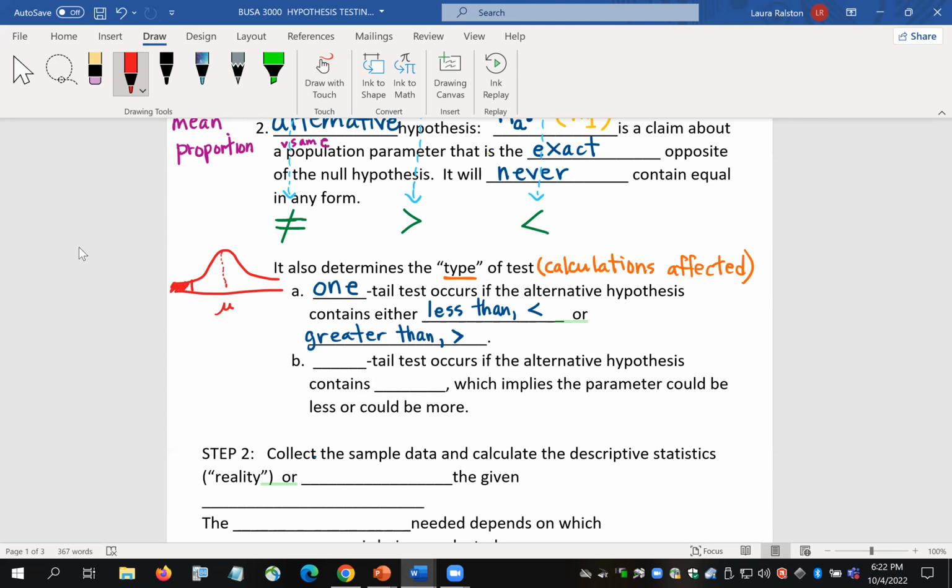Then at some point, there's a mark out here where when you reach that point, you are different enough, you are statistically significant. And because you're less than, that region is on the left of the mean, because left is less than. And so it only has one region or one option, the option being that we're less.